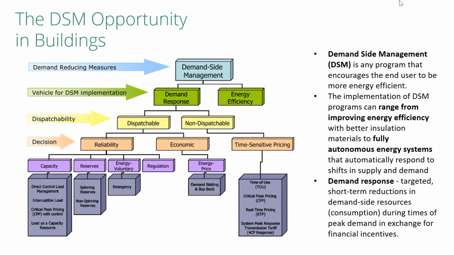The more complex part of demand-side management is the so-called demand response. Demand response targets short-term reductions in demand-side resources, meaning consumption, during times of peak demand in exchange for financial incentives. We will see them later on in more detail.